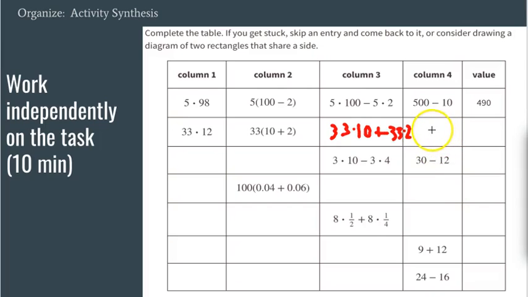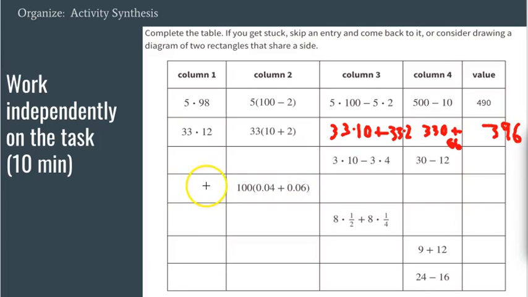What's that look like here? Yeah, it'd be 330 plus 66. Should have gotten 396. Let's skip down a few here. What about here? 100 times, then we have 4 hundredths plus 6 hundredths.